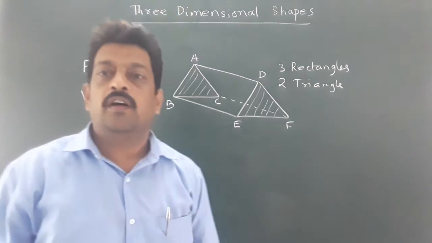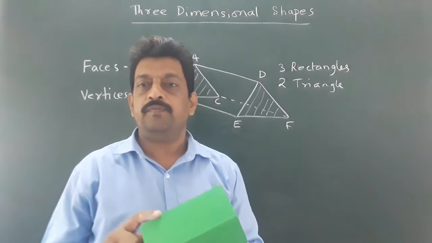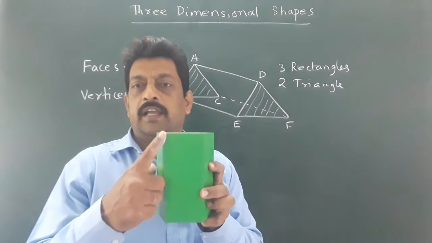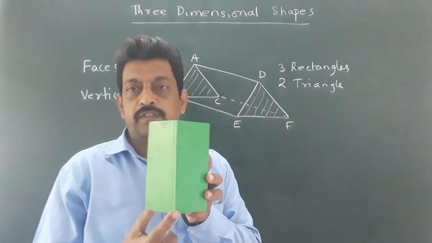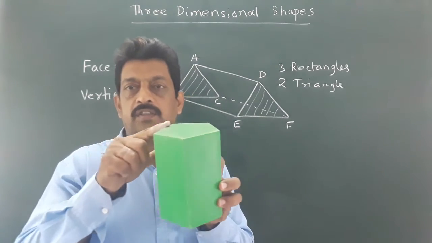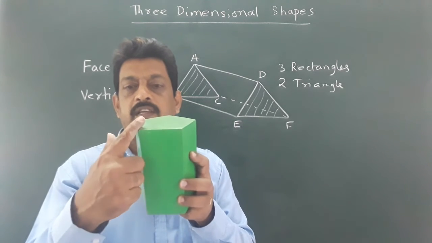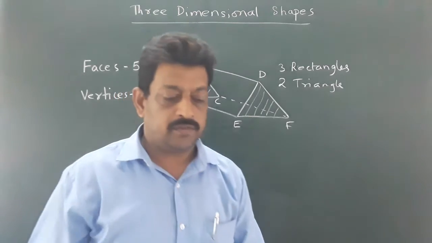And edges. How many edges? Edges means the lines. As I have shown you earlier in the previous session, the line where the 2 faces are meeting is known as an edge. This is edge, this is edge, this is edge, this is edge. These are all edges.